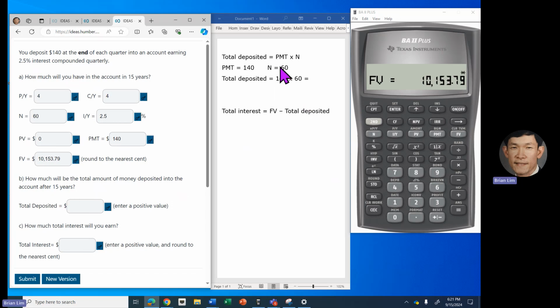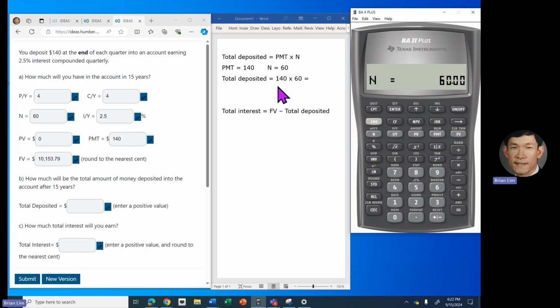Now, how much will be the total amount of money deposited into the account after 15 years? Now, the total deposited would be the payment, each payment times the number of payments, which is the value of N. So the payment is $140 as we see right here in that box, and N is 60 as was computed before. Now what we can do is we can recall the payment, click on plus minus to make it positive, then multiply by recalling N, which is 60.